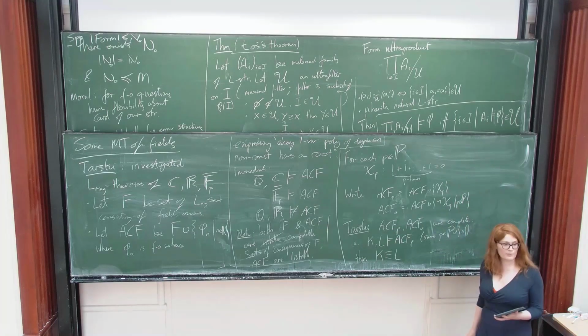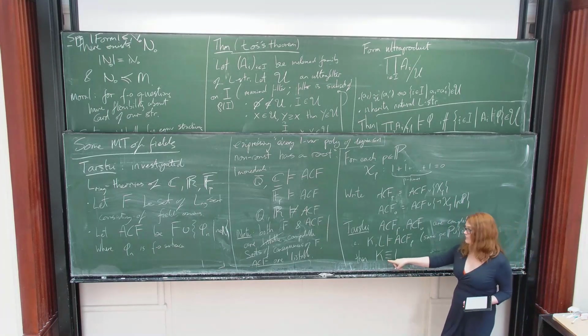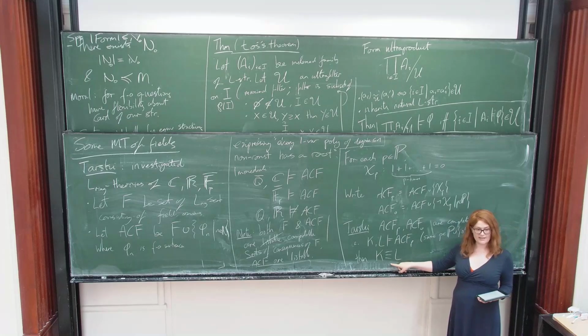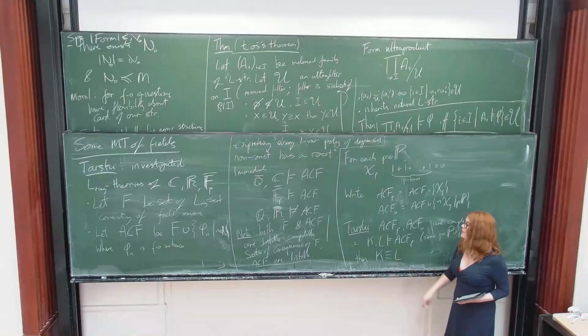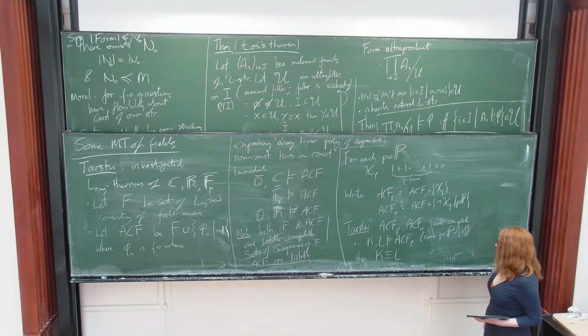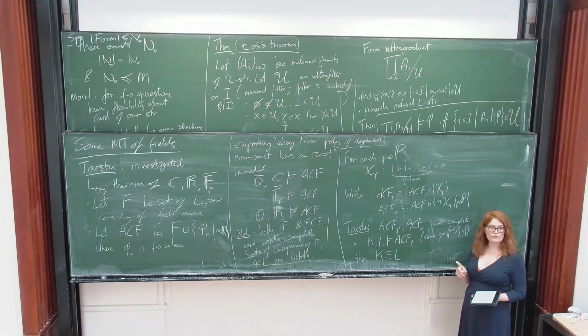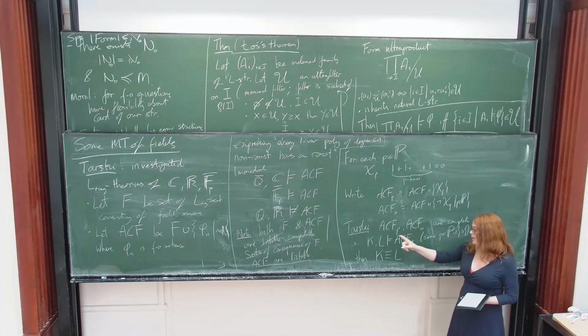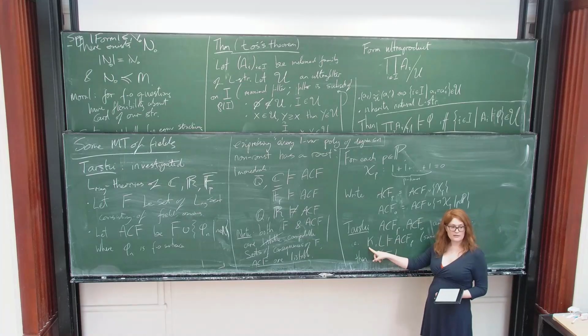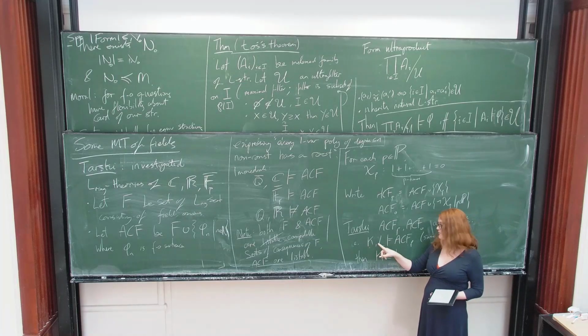I wrote that down somewhere a few boards ago. This is the symbol for believing the same sentences, having the same theory. Right? So the consequence of that is that nothing is true about one K that isn't also true about all other algebraically closed fields of the same characteristic.